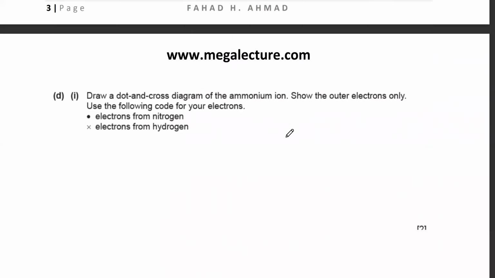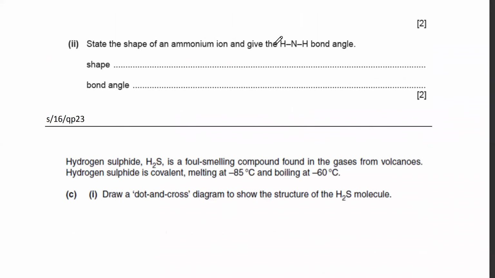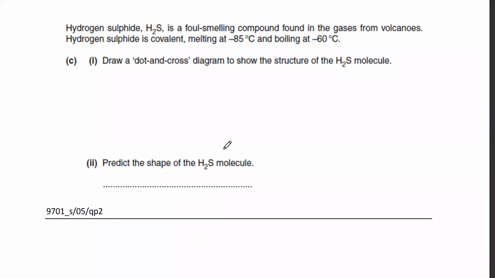So pretty straightforward questions. Same thing over here. He's asking for the H2S shape, which is kind of the same thing because it's S with 2 H's. So out of the 6 electrons that S has, two are bonding, so there are 4 electrons left. So again, the shape is derived from a tetrahedral shape.